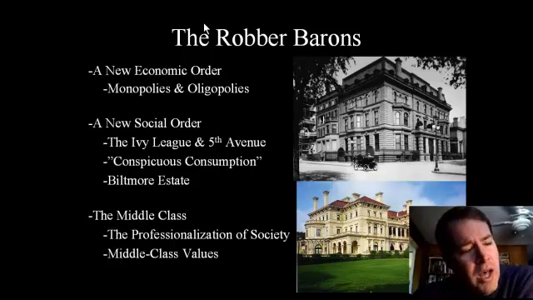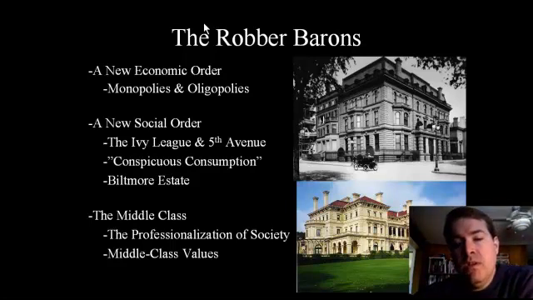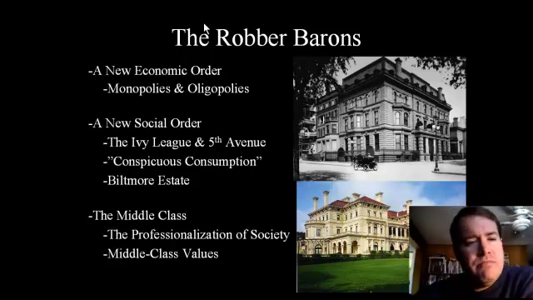What is an oligopoly? It is where an industry, say for example oil or meat packing or steel, is instead dominated by two or three powerful companies or powerful people. Now what if those three companies collude with each other? They come together.